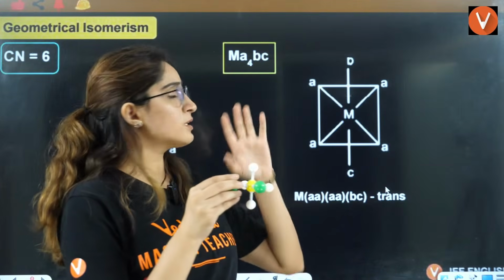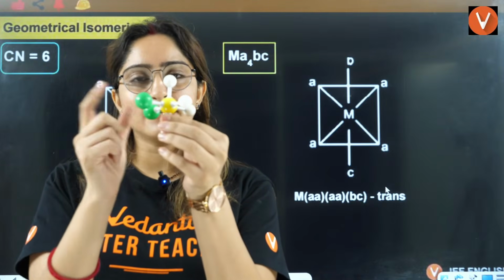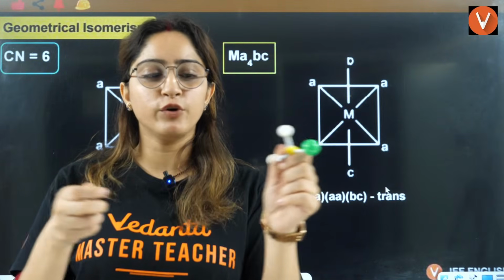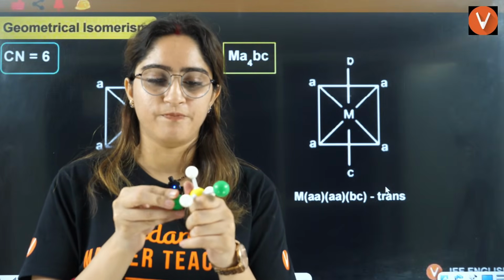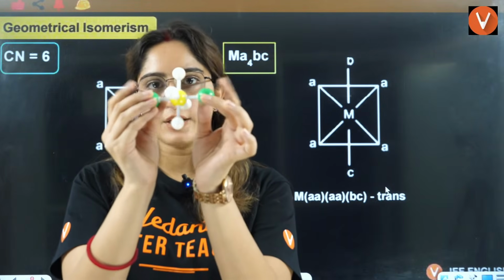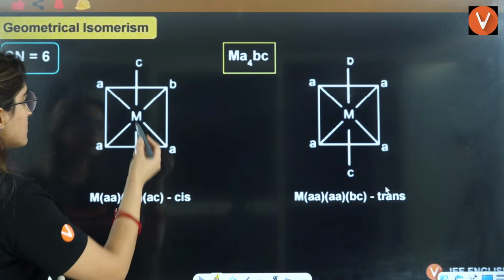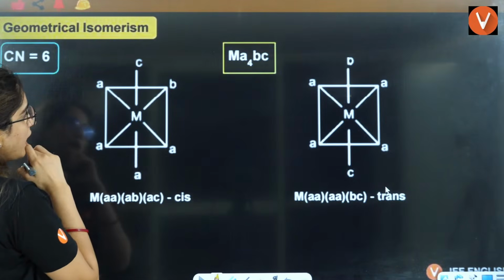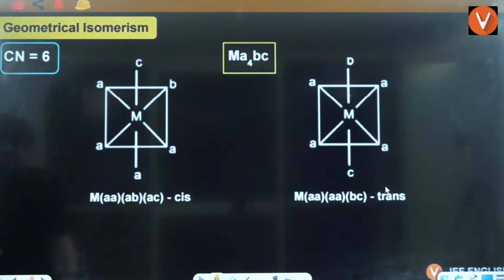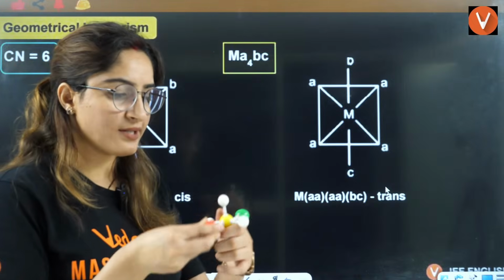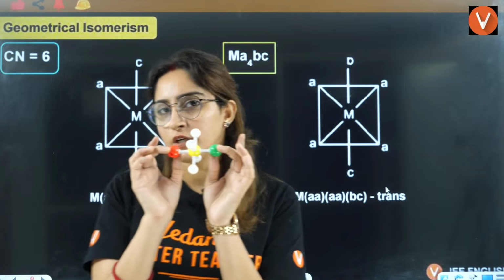A4BC, right? Here, based on this, you will say that this is cis. If you draw it opposite, this will become trans. We have seen this before also, right? This is BC. So this is not A4BC. Okay, now it is. Now let's see how we will draw it.